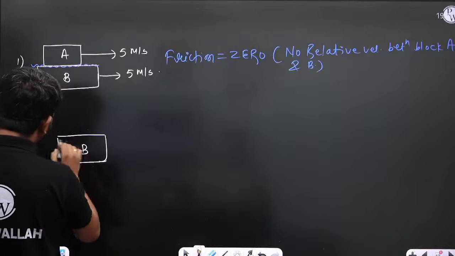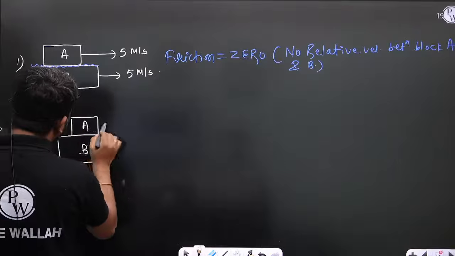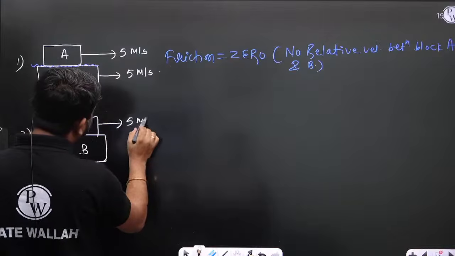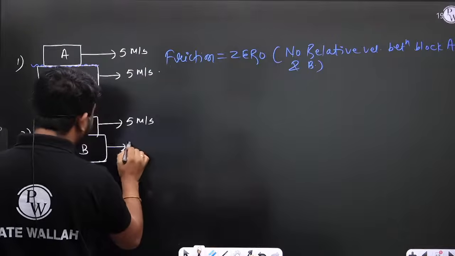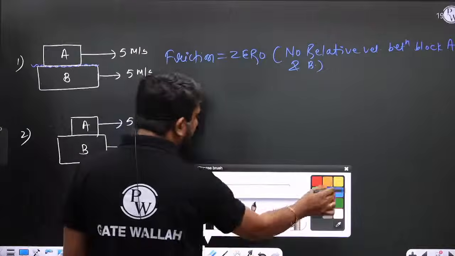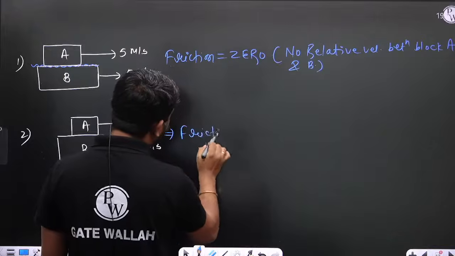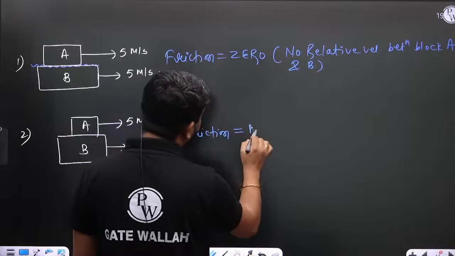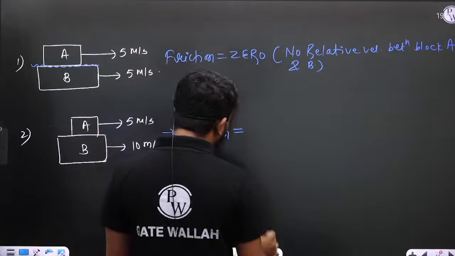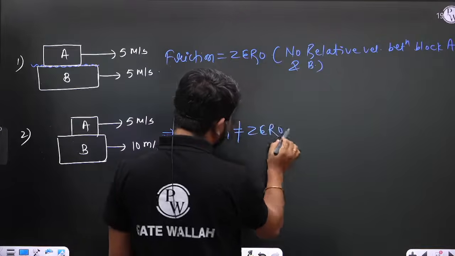This is block B and this is block A. Block A is moving with 5 meter per second and block B is moving, let us consider, 10 meter per second. In this case, definitely friction is present. Friction is not zero.